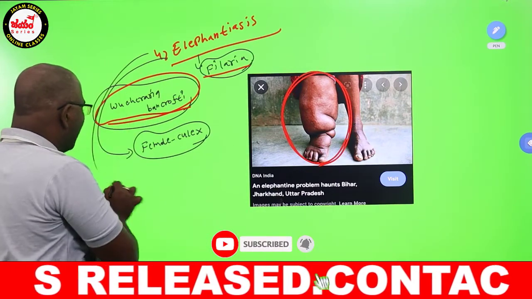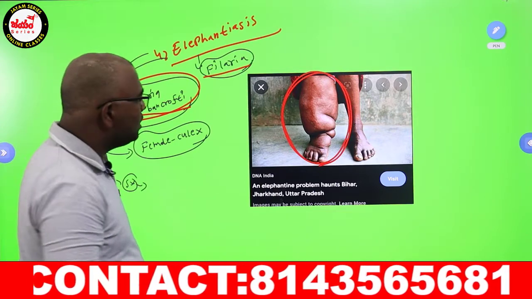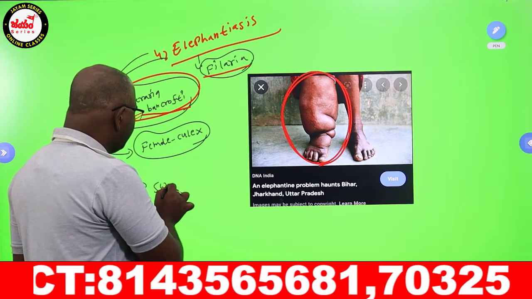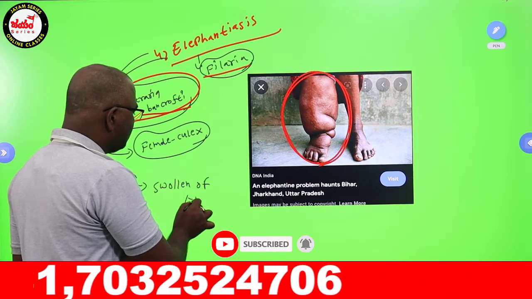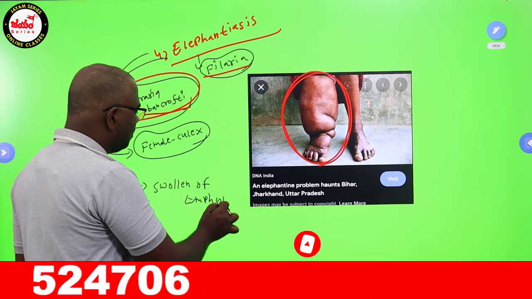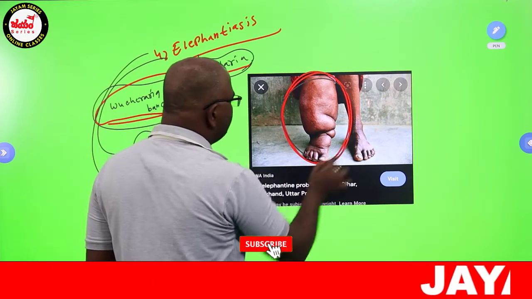The symptom of elephantiasis is swelling of the lymph glands. Look at this picture.